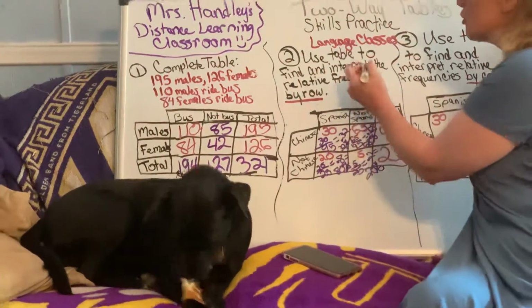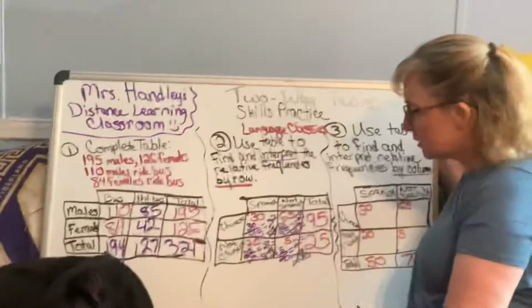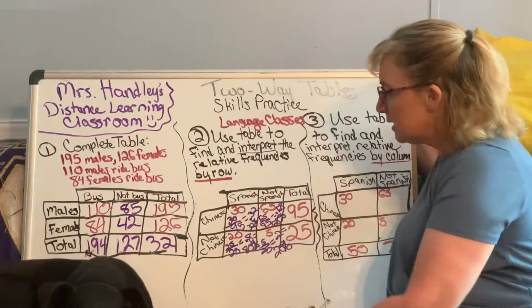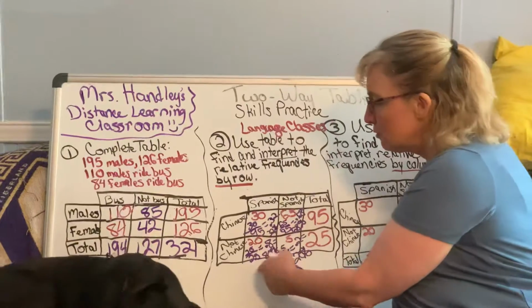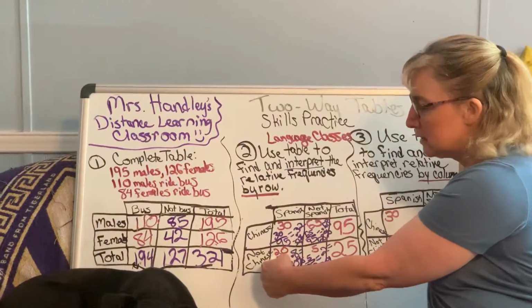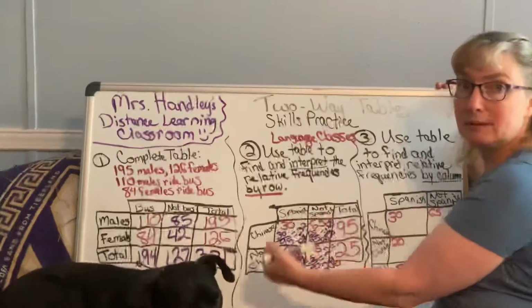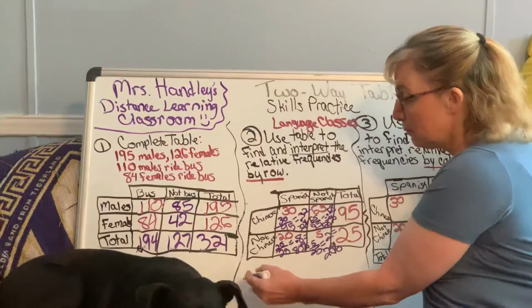So now with the interpret, what that means is you just pick out something that stands out to you. What stands out to me is that most of the people, 80% of the people that do not take Chinese for a language, take Spanish. That stands out to me. That's a huge amount. So that's what I would write.